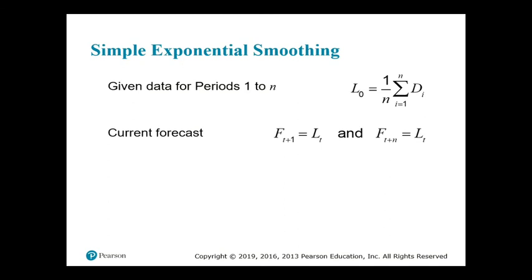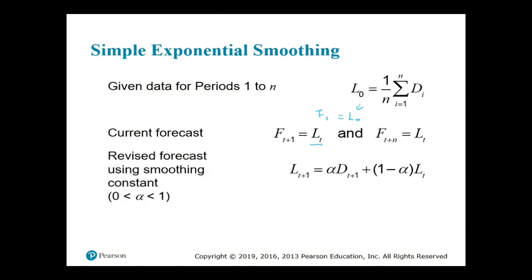So then, say we're at time t, we're going to use Lt to be the current forecast. So from L0, we're going to forecast F1 as L0. And then we're going to revise the forecast using the smoothing constant, alpha.